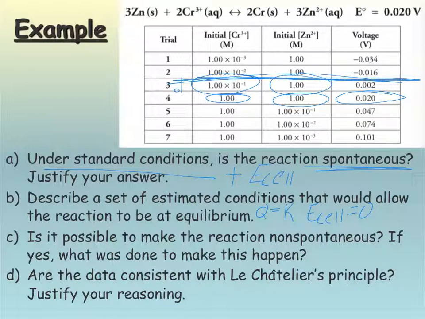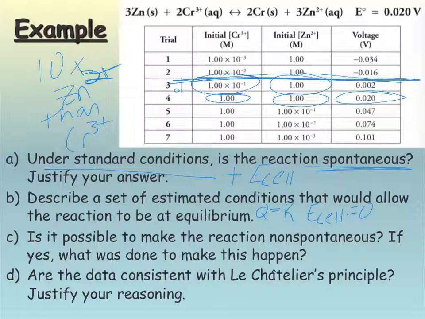So I need to have 10 times more of the product, so of the zinc 2+, than I do of my chromium 3+. Okay, so I need to have 10 times more. My concentration needs to be a factor of 10 greater.